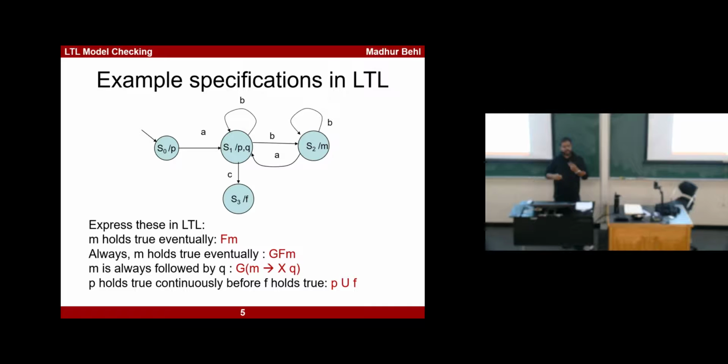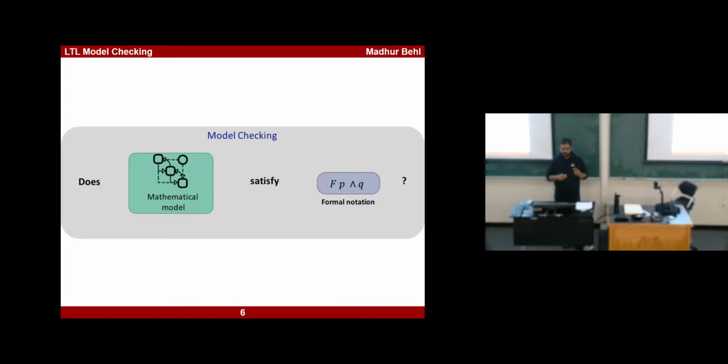So we have both the ingredients that we require for model checking, right? We have the transition system and the specification. So now we can really ask the question: does my model satisfy some requirement? And really what we are asking is, what is my model? My model is just a transition system.